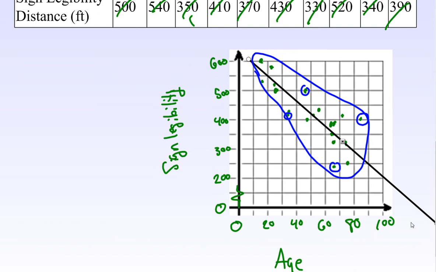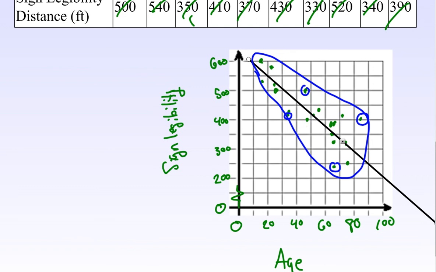I mean, if a person lives to be 120 years old, they can see more than an inch in front of their face. So you've got to be careful on extending the data too far and extending your predictions too far. It's called extrapolating. You can't extrapolate too far past the given data because some things may start to fall apart.